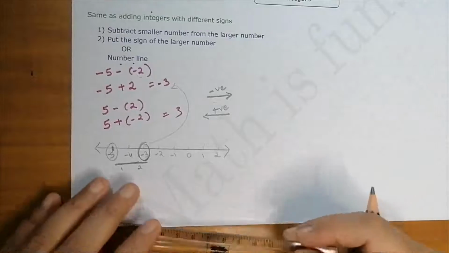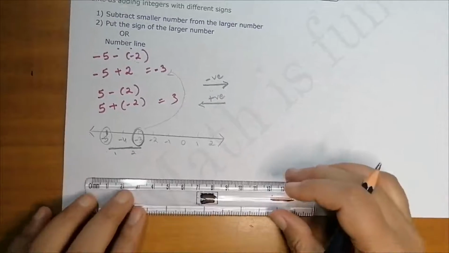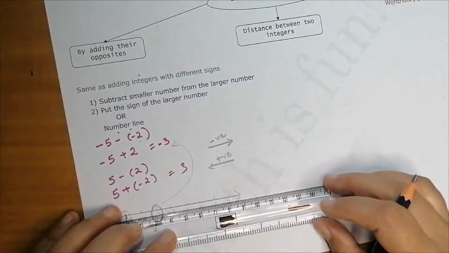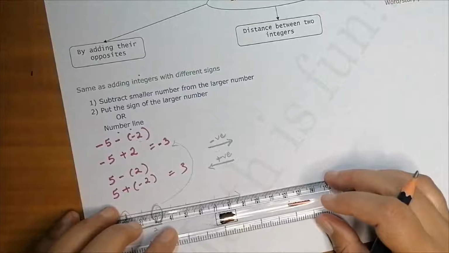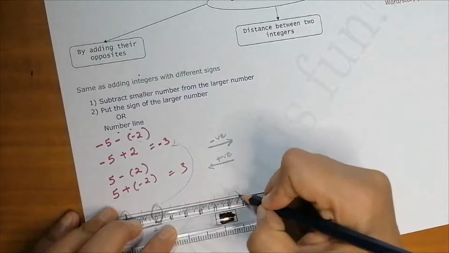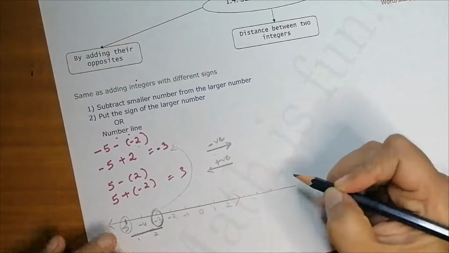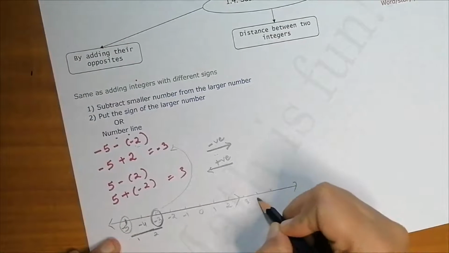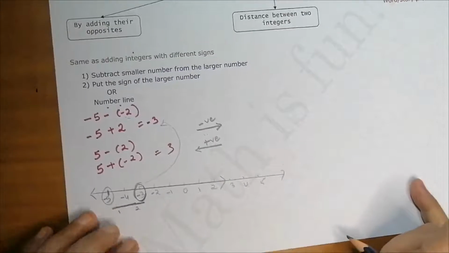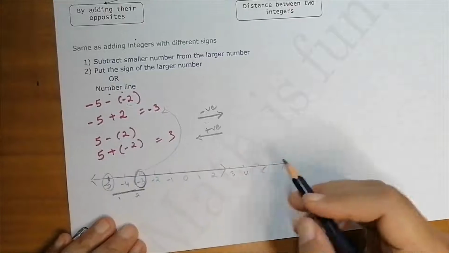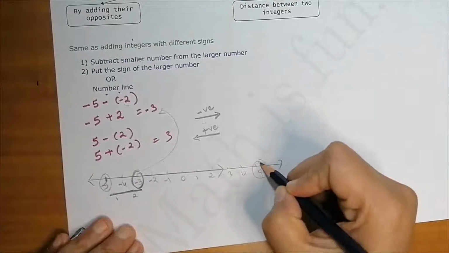Let's take the next example. Let me extend this line. We can just continue on this one itself. I just need a few more: 3, 4, and 5. So we have 5 here, and we start at 5. This is our starting point.